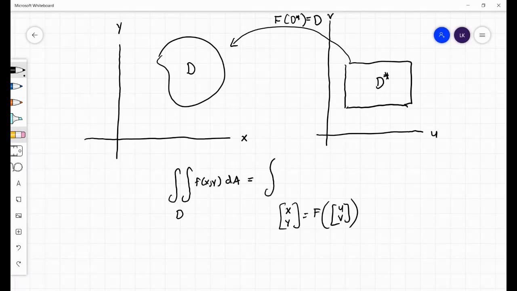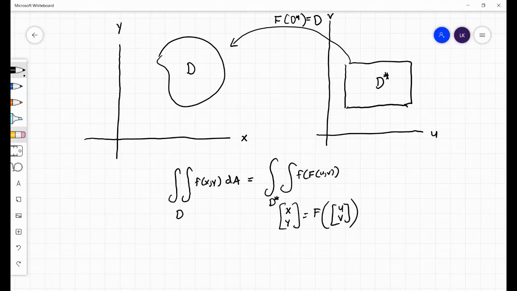when you do the change of variable, you're going to have an integral in terms of u and v, so you're going to be integrating over the corresponding region d star. Of course, you're going to replace x and y with what they're equal to in terms of u and v.